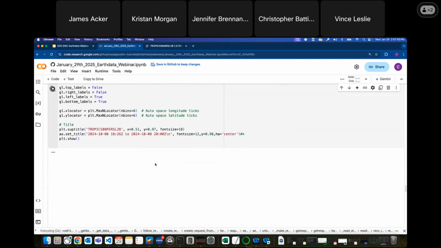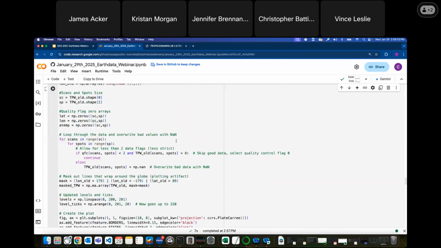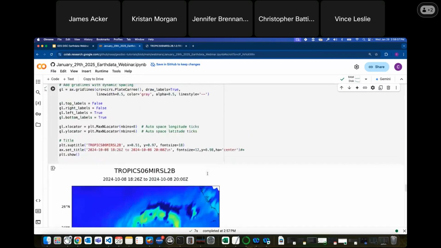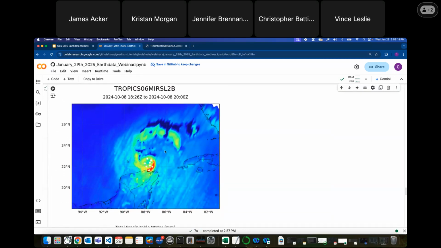Something else I want to also note is that sometimes for Earthdata login authentication, you will get the metadata to load. So you might think that it's authenticated, but the error will usually come up whenever you try to access the actual values inside of the variables. And so then you can see that we've got this plot of Hurricane Milton, roughly almost a day after peak strength.